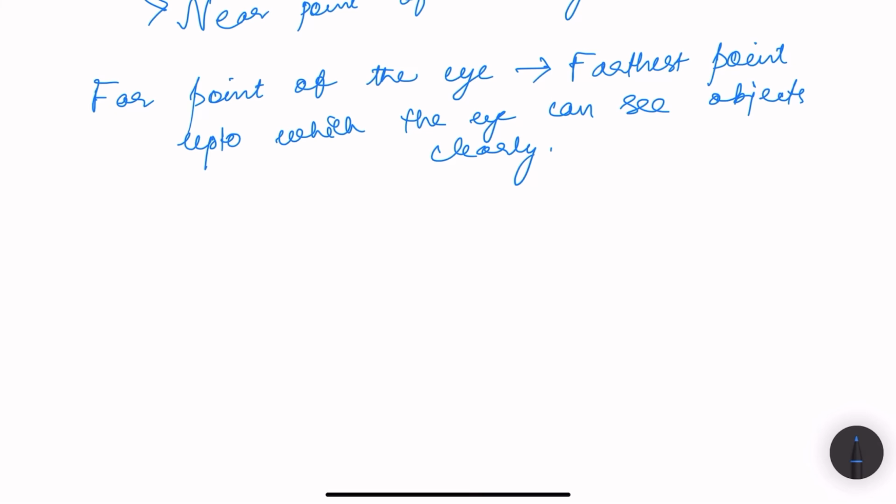Sometimes the crystalline lens at old age becomes milky and cloudy, and this condition is known as cataract.